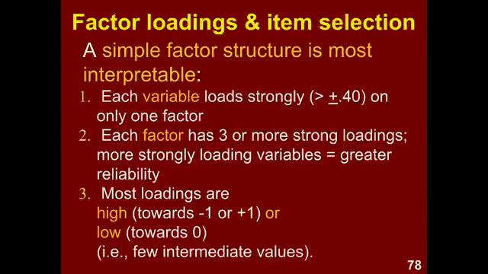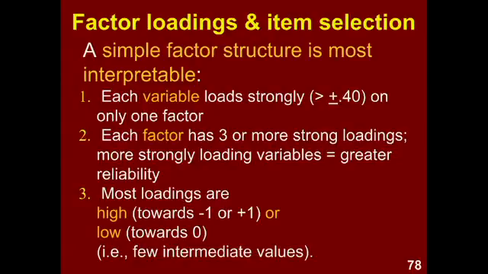Our factor loadings can range between, just like a correlation, -1 and +1, with -1 or +1 being strong, 0 meaning that it really doesn't load at all. So a strong loading is anything above about 0.4, but probably more like 0.5, 0.6.